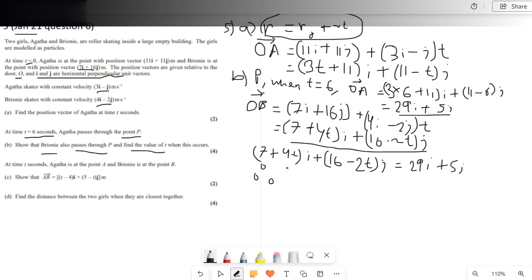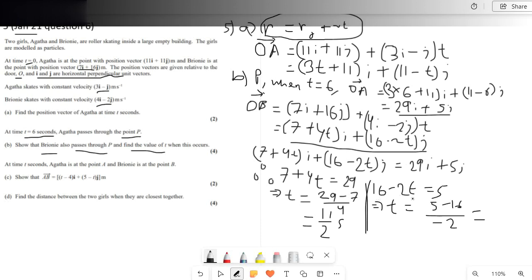Therefore, if we equate the i components, we have 7 plus 4t is equal to 29, and so t is equal to 29 minus 7 whole divided by 4. We know that 29 minus 7 is 22. So our answer is t is equal to 11 by 2 seconds. Comparing the j components, we have 16 minus 2t is equal to 5. Therefore t is equal to 5 minus 16 whole divided by minus 2. And we know that 5 minus 16 is minus 11, and divided by minus 2 is also 11 by 2 seconds.